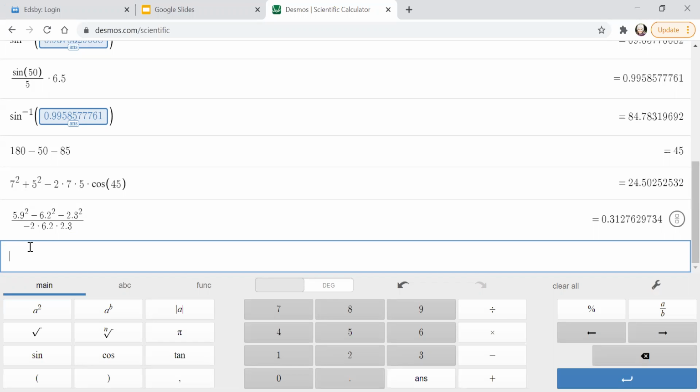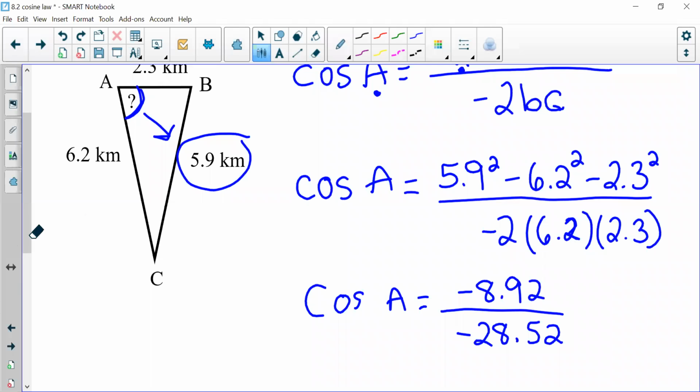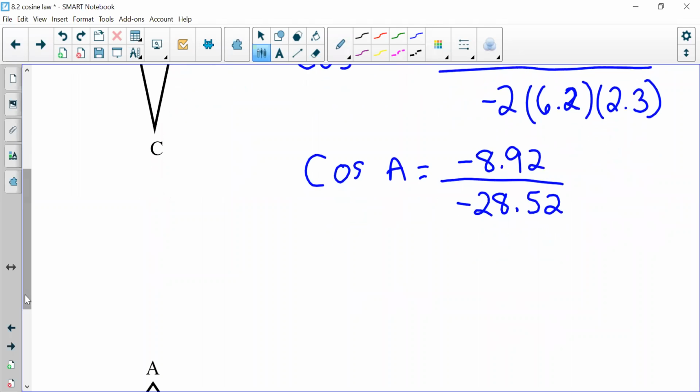Now, 0.312 seems like a really small angle, right? You have to reverse cosine it. This equals the cosine of A, and I don't want the cosine of A, so do cosine -1 of your answer.